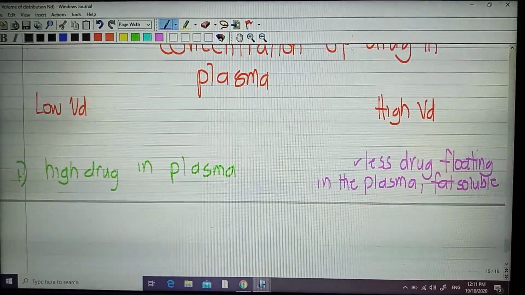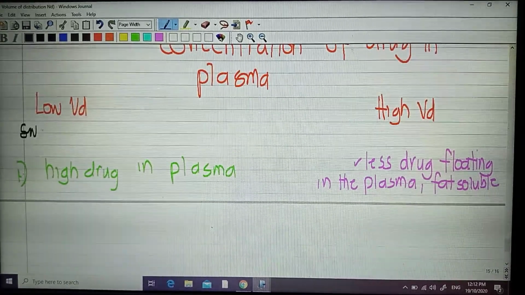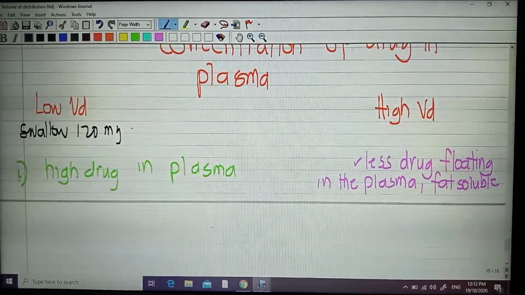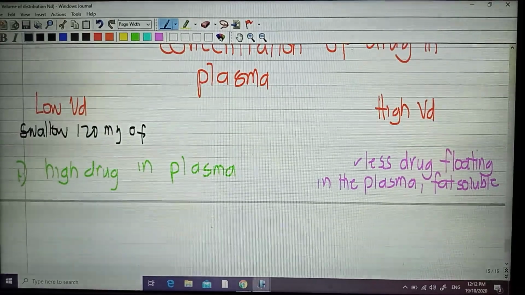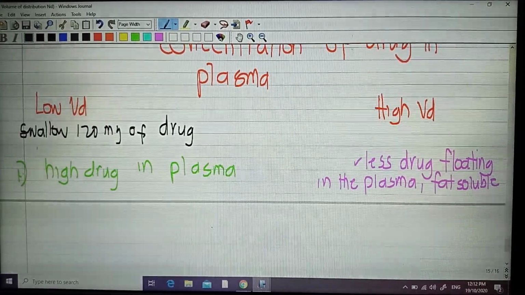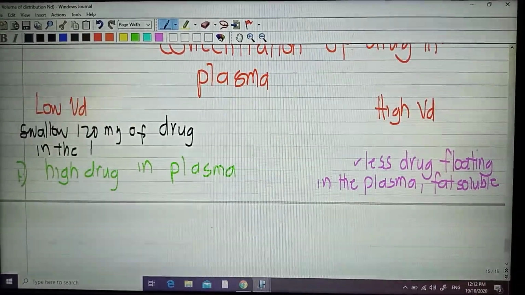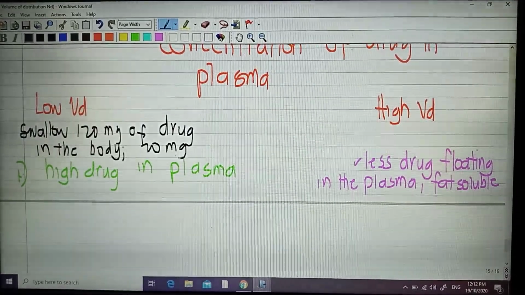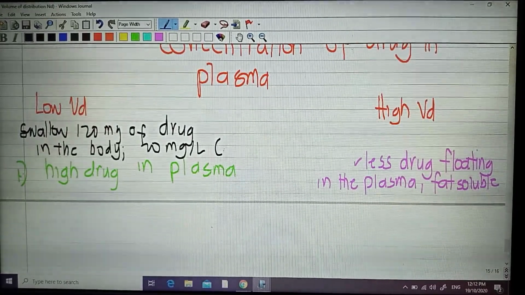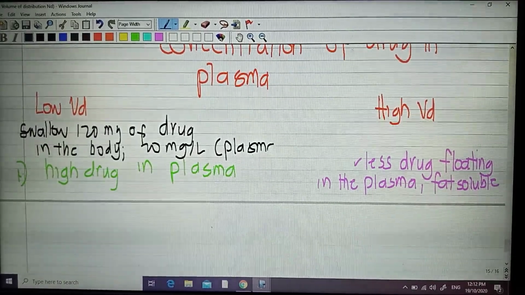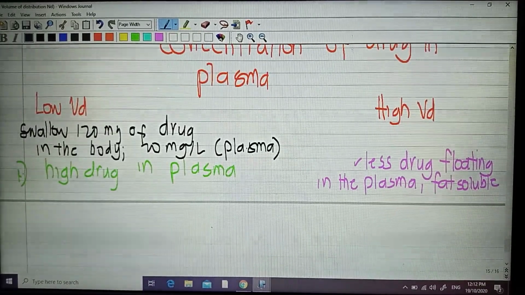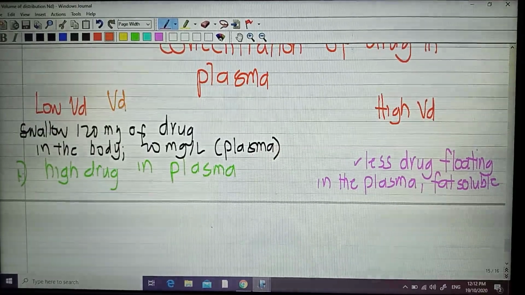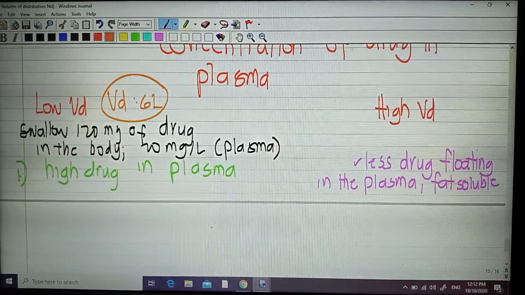An example: if you swallow 120 milligram of drug in the body, and we have 20 milligram per liter of drug in the plasma, so 120 divided by 20, you'll have a volume of distribution of 6 liters.